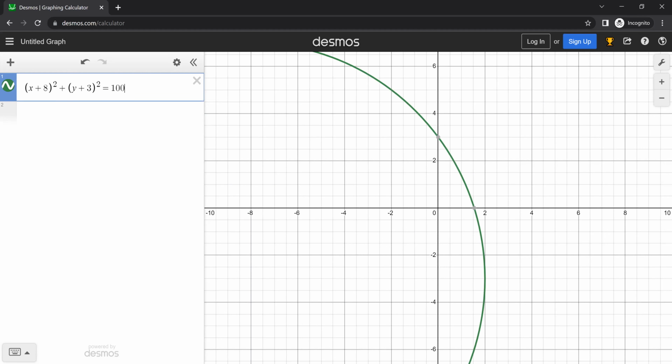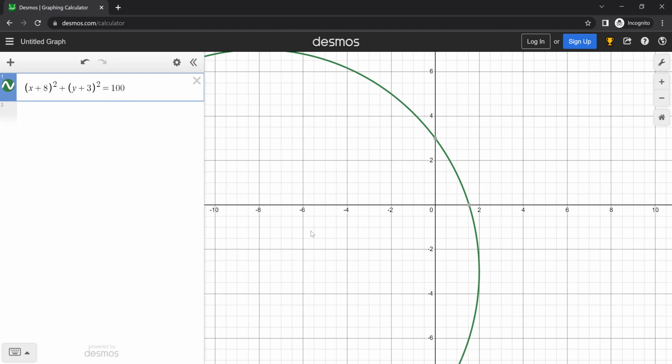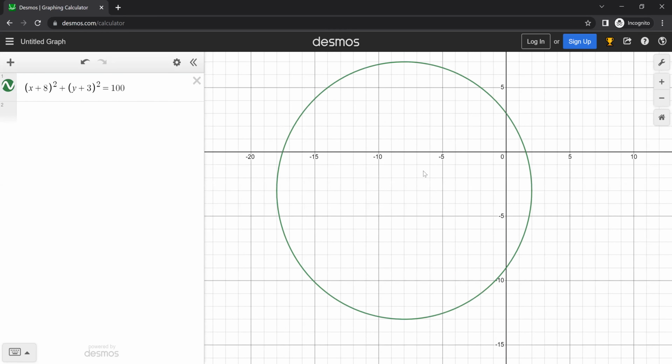Okay, very good. Now I'm going to zoom out a little bit. What is the center of this circle, Sourish? What point did we say is at the center? You just wrote this down.